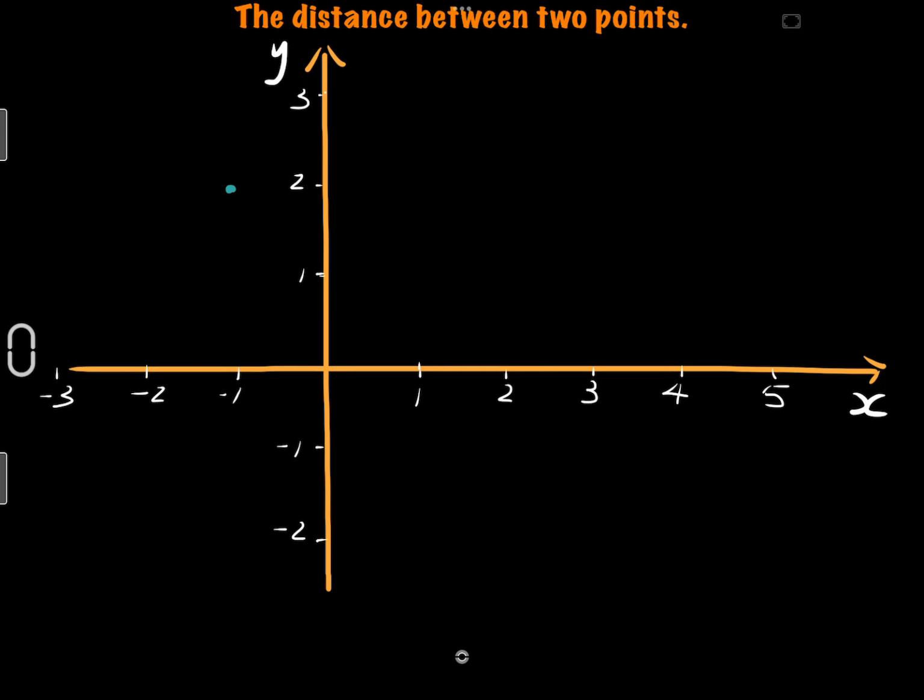Now that's our a, and then when x is positive 3 and y is negative 1 at this point here. And then lastly, we're just given this intercept. So we'll have to figure out what that intercept is.